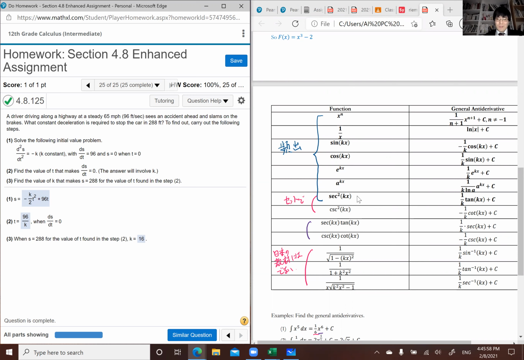Because for integration, we will have to learn many techniques to solve a variety of functions to integrate in the future. So please get comfortable with these basic functions as soon as possible. Okay, so that's it for today.